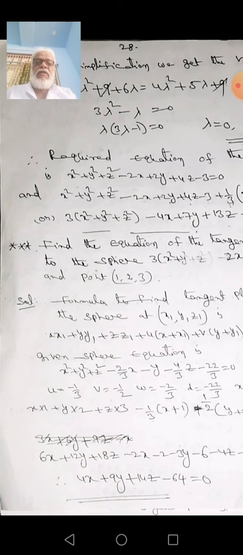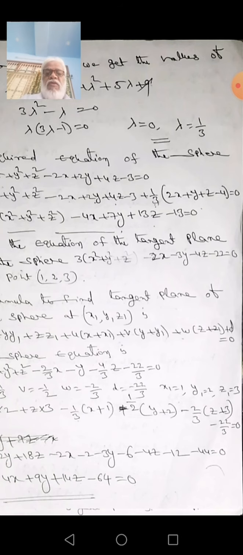So the given sphere equation is what? That is x square plus y square plus z square minus 2 by 3 x minus y minus 4 by 3 z minus 22 by 3 is equal to 0. This is in general form. If the sphere equation is not in general form, definitely first we change the equation into general form.